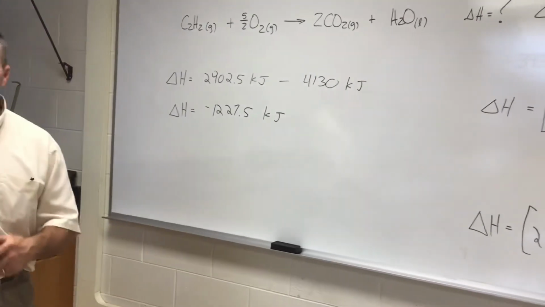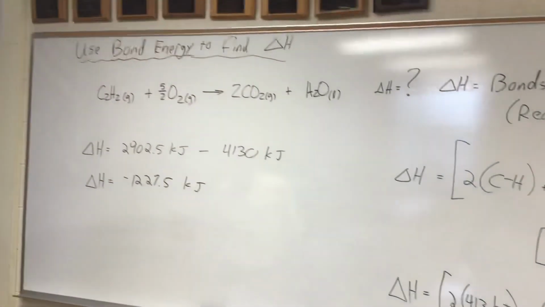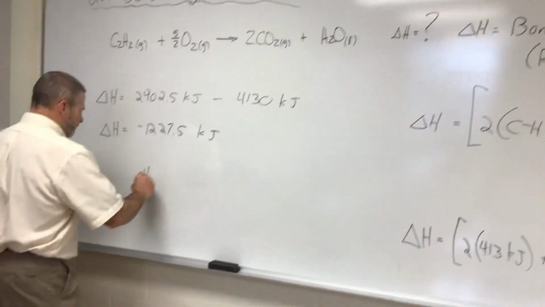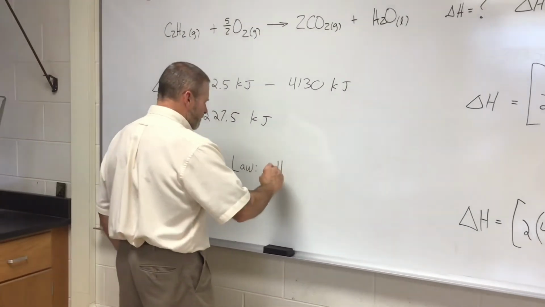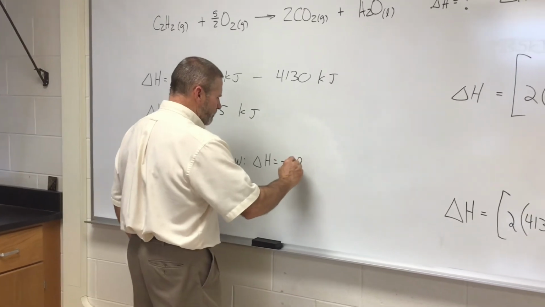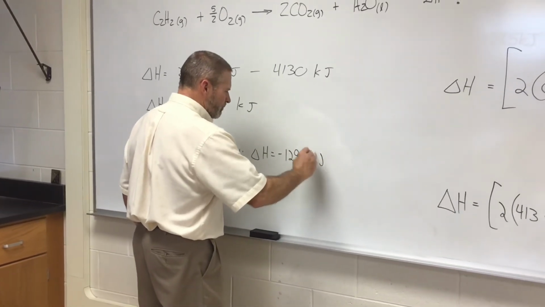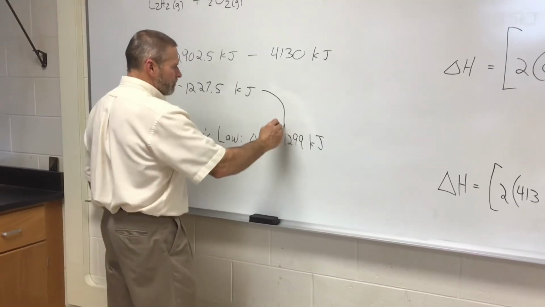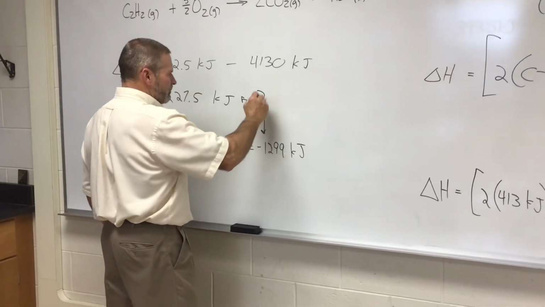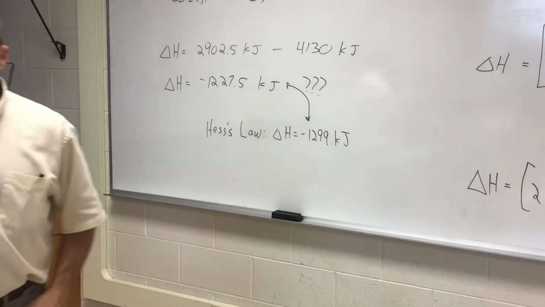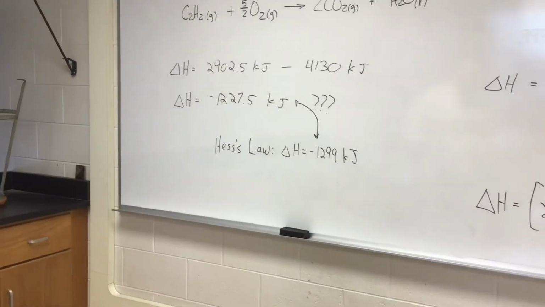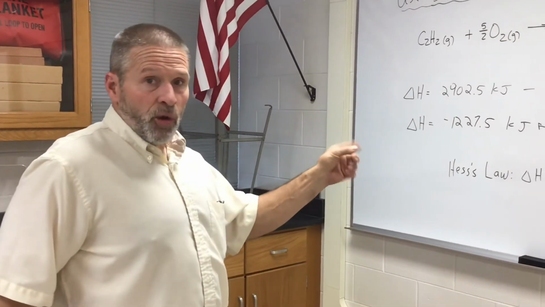If you remember from the Hess's law example, the delta H of that first reaction was negative 1299. Now doing it with a different technique using bond energies, it's close, but it's not the same. Mr. Helvel, what do we trust more, the heat of formation table values or the bond energy values? Well, first off, like Mr. Moore says, it doesn't bother me these don't match.